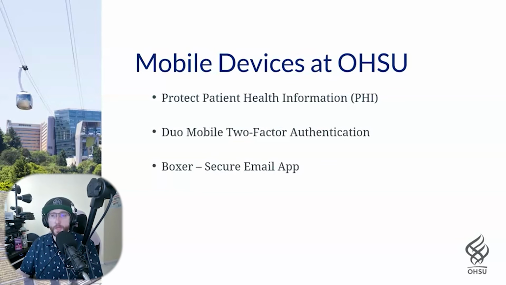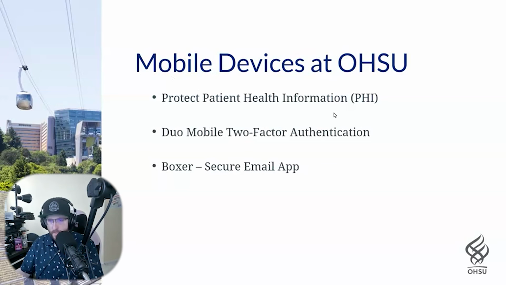One of the ways that you can use your phone is as your Duo Mobile two-factor authenticator. Another application you can install on your phone is Boxer. You can use that to securely access your email here at OHSU. And if you do not want to install Boxer, you can also open up your phone's browser and browse to mail.ohsu.edu, and you can browse your email directly in your mobile browser.